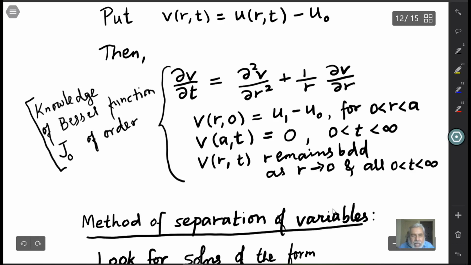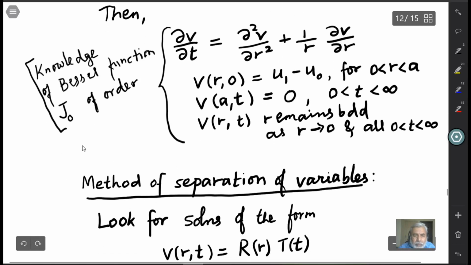So this is one occasion where we do need this knowledge of Bessel functions and their properties. And at some other places in this course also we do need the knowledge of Bessel functions and their properties.